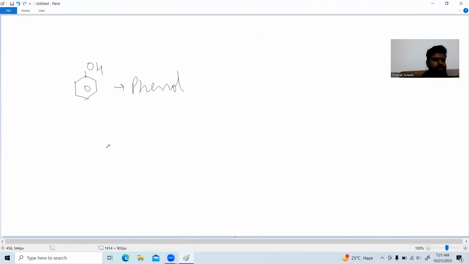Clear? Now, guys, third one is ether. Ethers. General formula is ROR. We have to remember this. Oxygen will be in the center. Ether is also used as a solvent in many organic compounds.